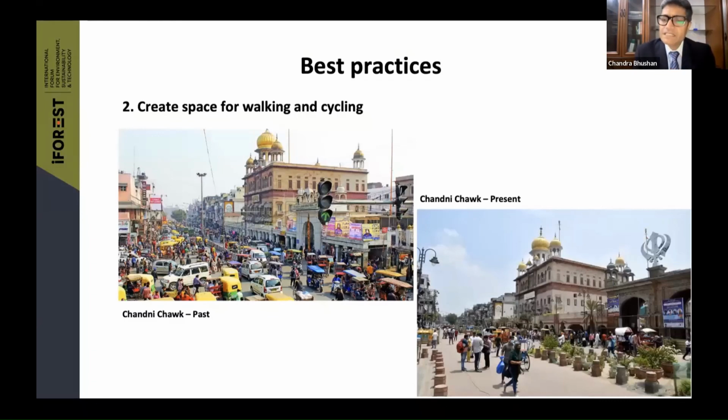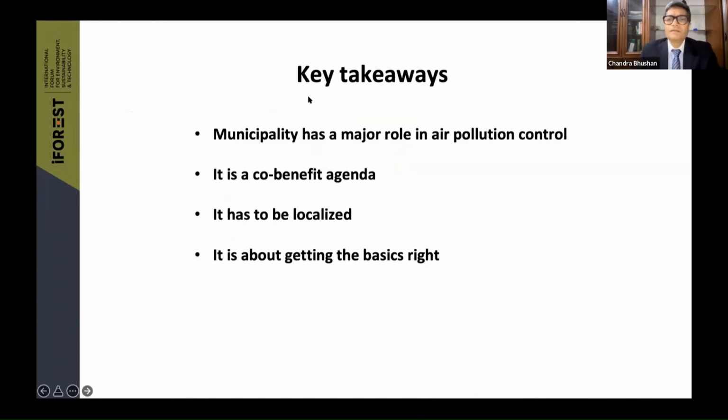And if we do this, we will be able to reduce pollution in our cities. We will be able to reduce dust pollution, reduce waste burning, and reduce pollution from cars and two-wheelers and other transport systems. Therefore, these are the key takeaways on best practices.